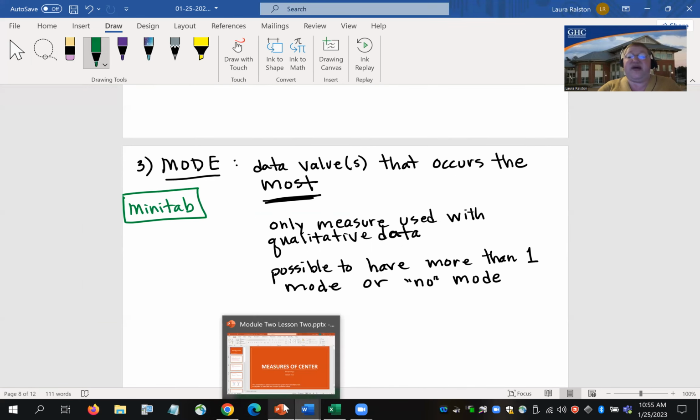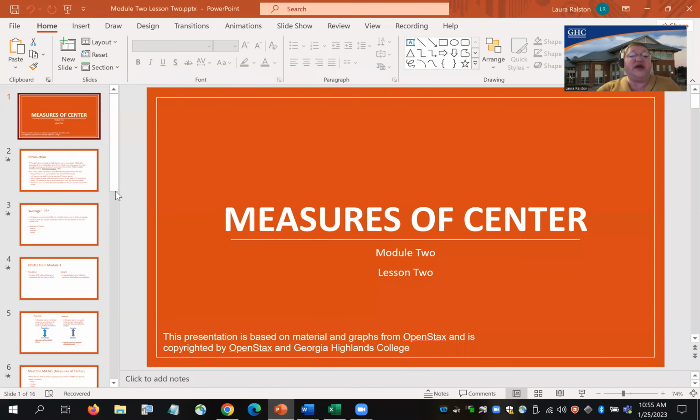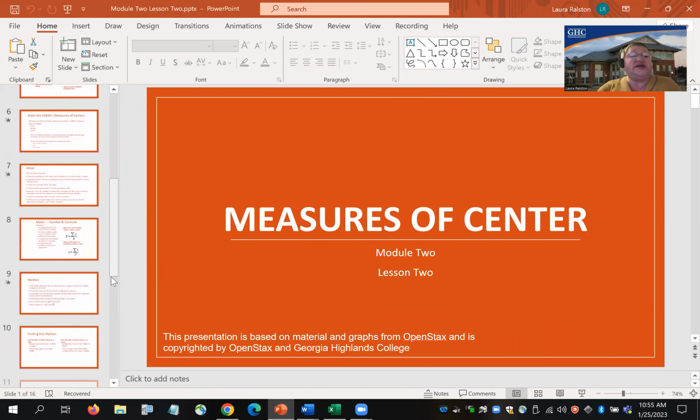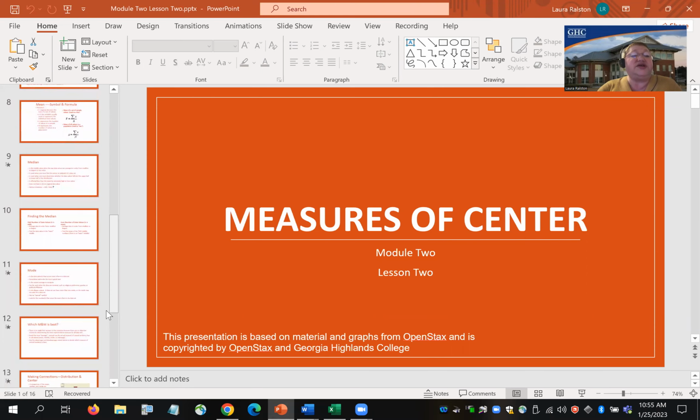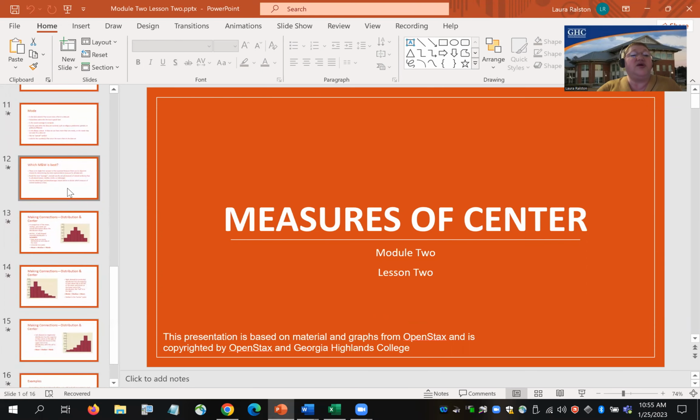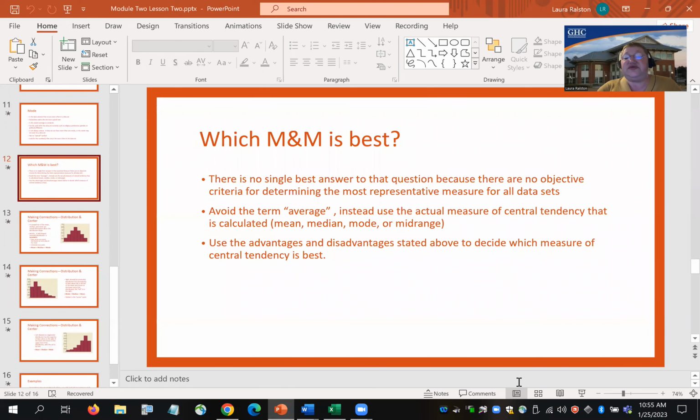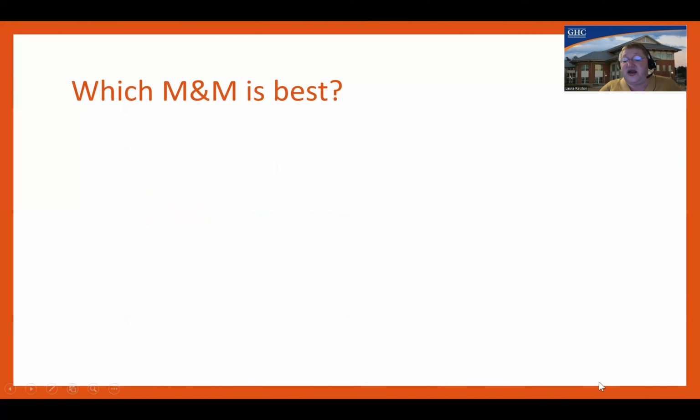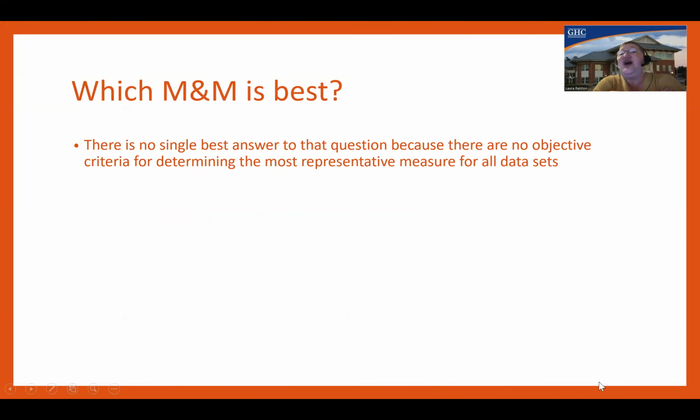Now I'm going to go over to the PowerPoint related to measures of center. Again, all this information is here. One of the questions we often get is, well, which one should I use? And quite honestly, there's not a definite single answer to that question. It depends upon what you're trying to do. You may have to decide as the researcher which one you think is most representative.